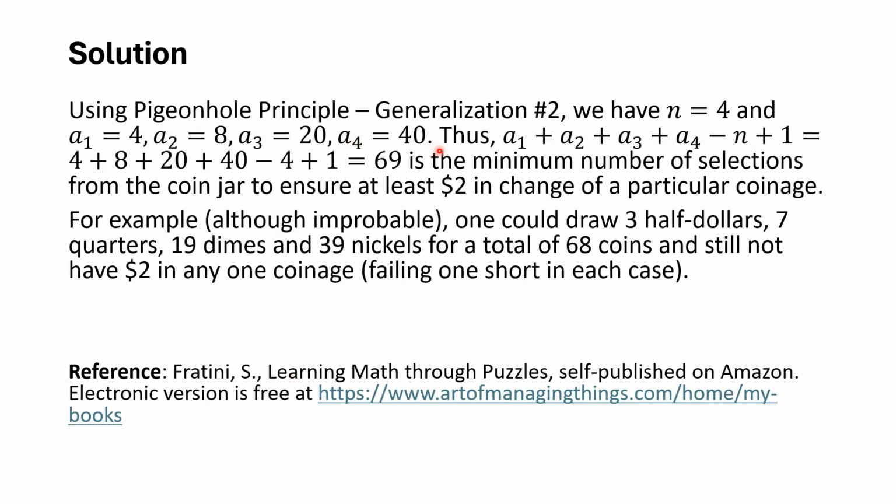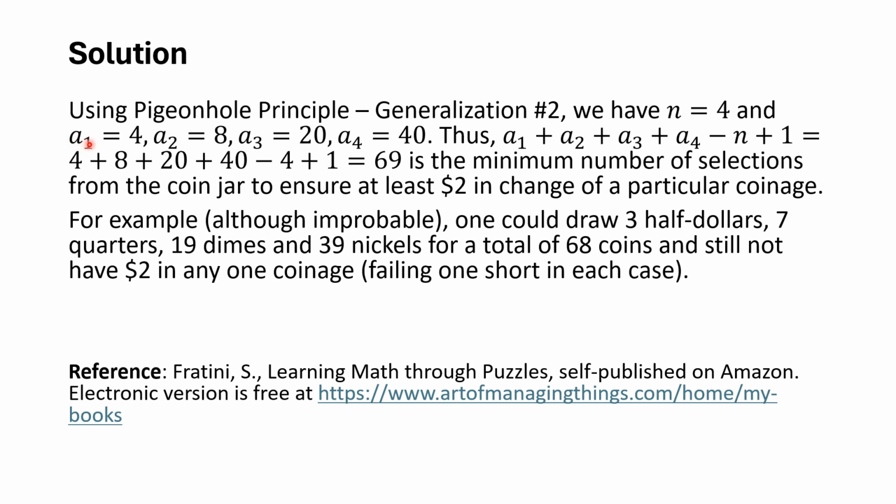We can solve the problem concerning the coins from the last slide using the generalization of the pigeonhole principle, generalization number 2. So we'll let n equal 4, since we have 4 types of coins. And then what we need to attain the $2 of coins for each type of coin I've embodied here.